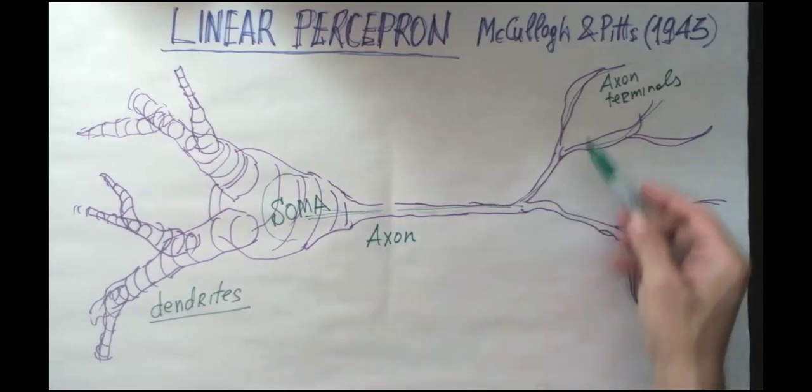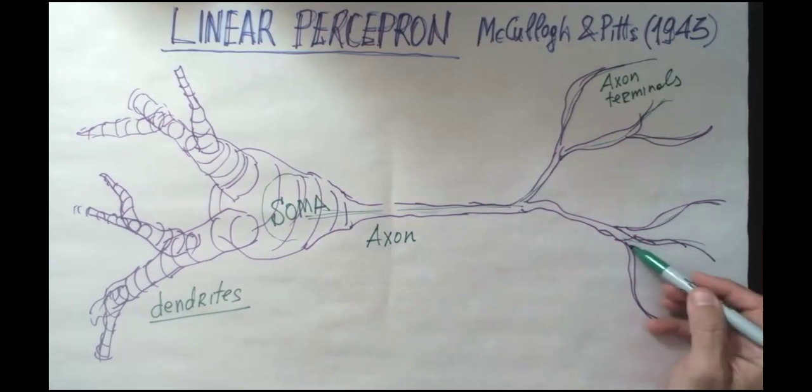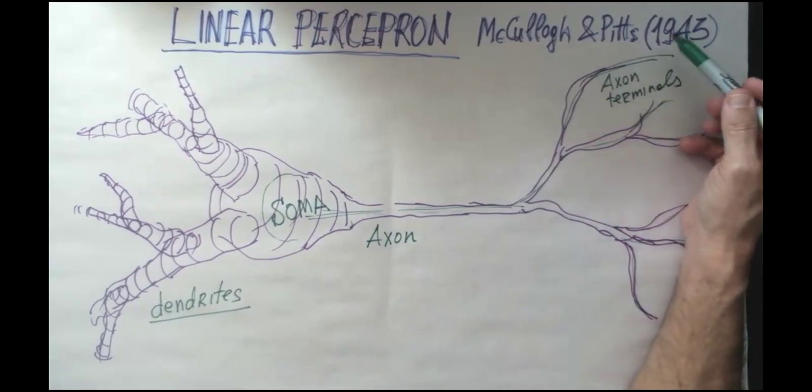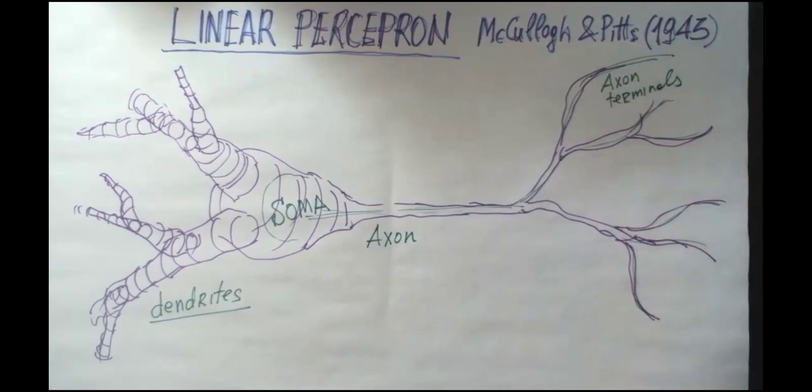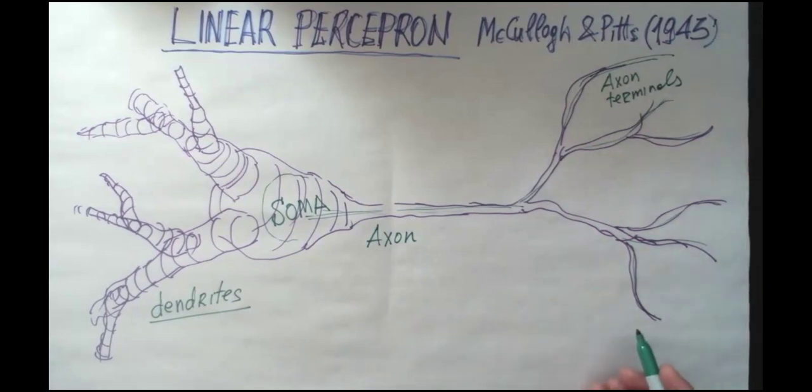The activated potential can then transmit information to other neurons through their own dendrites.